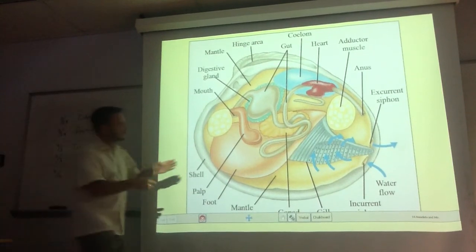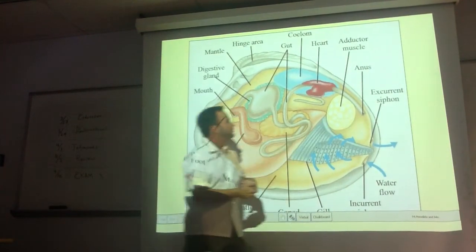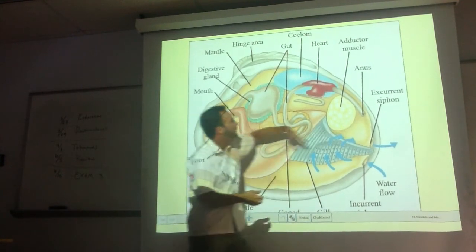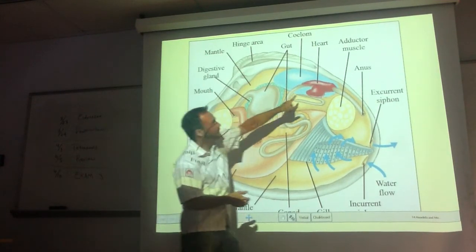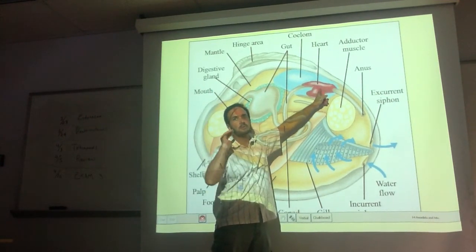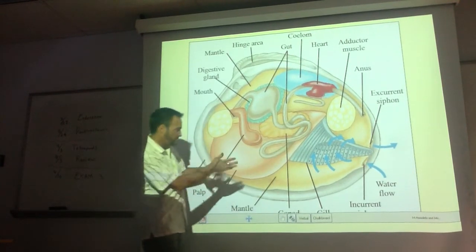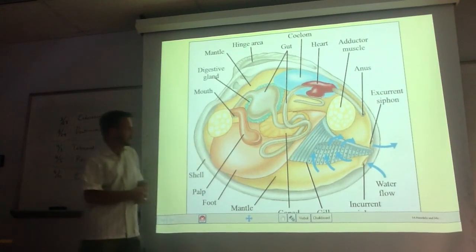So how about it? Here's the mouth, and here's the anus, right? So this is anterior, this is posterior. How about this would then be what? Dorsal, right? And you might kind of guess that because remember the circulatory system in most invertebrates is dorsal. These guys don't really have much in the way of a nervous system, but if they did, it would probably be ventral. This is ventral, right?